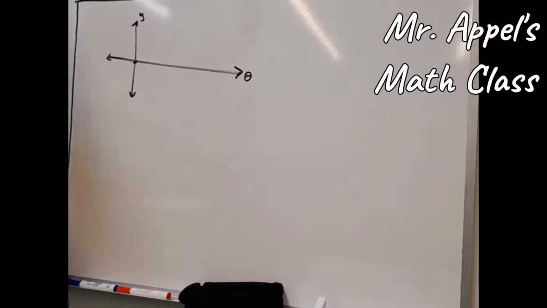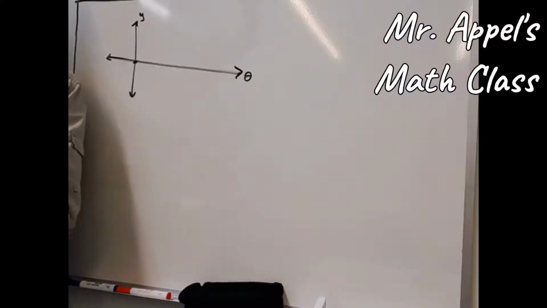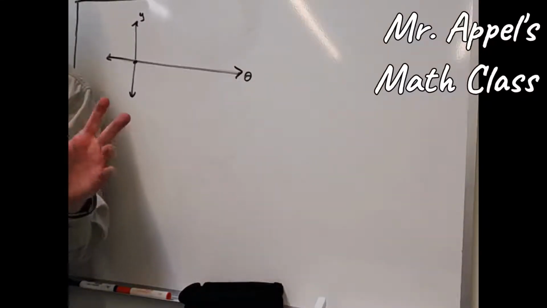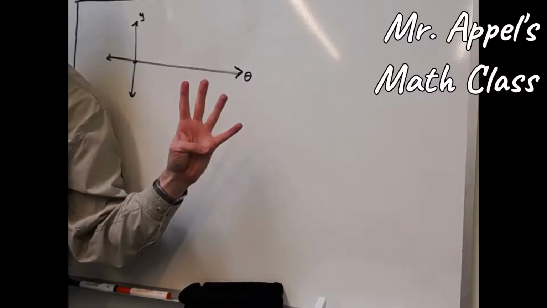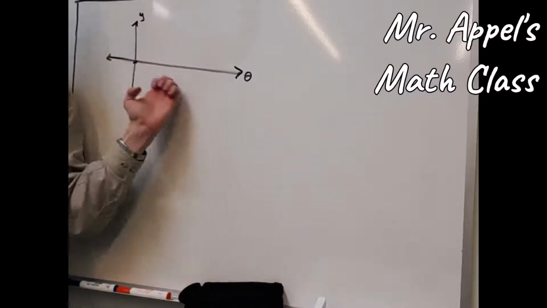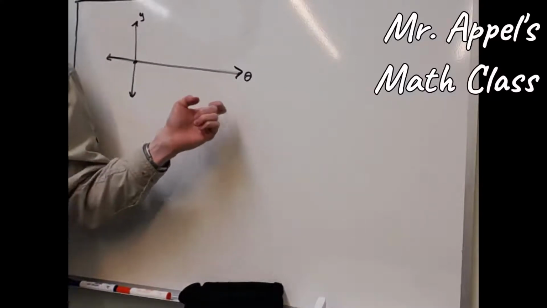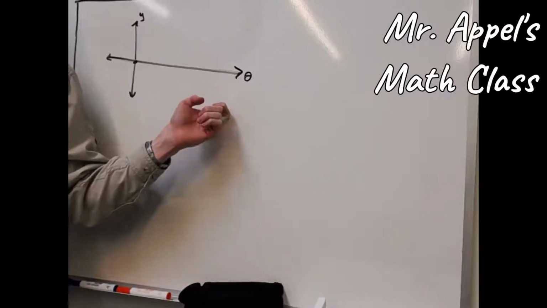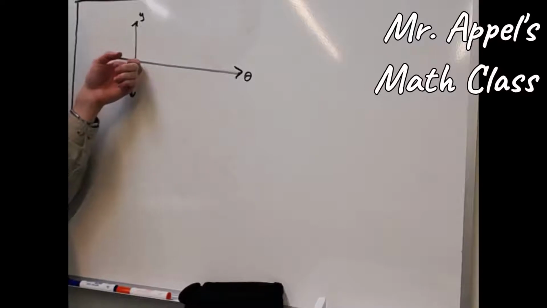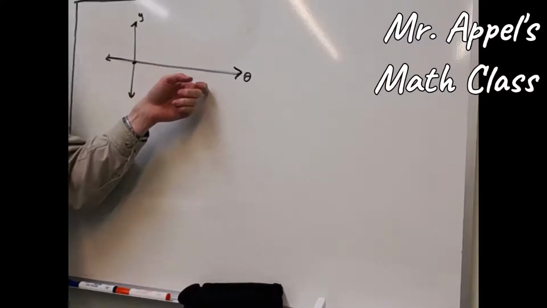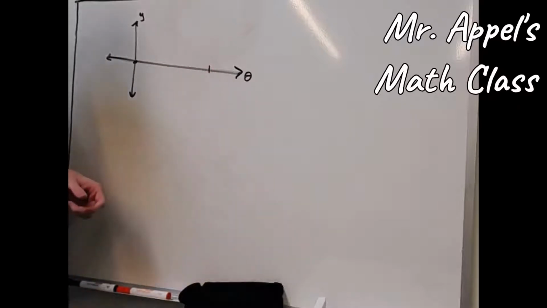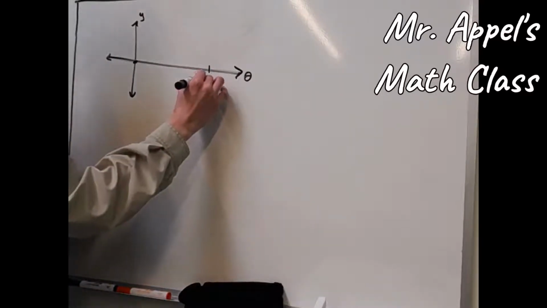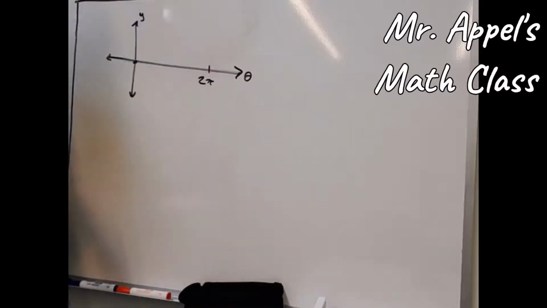Now, by default, there are 4 key points on your x-axis. The period of the function: starting at 0, how far do I have to go until it repeats? 1 full revolution around the circle, and that will always be 2 pi until it gets transformed.